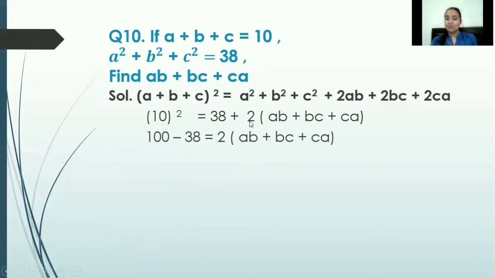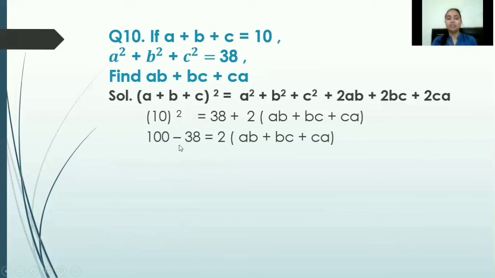So don't add them, and let this 38 go to the other side, and it will change operation. Remember students, whenever any number changes its side, it changes the operation. Here this 38 was under addition.